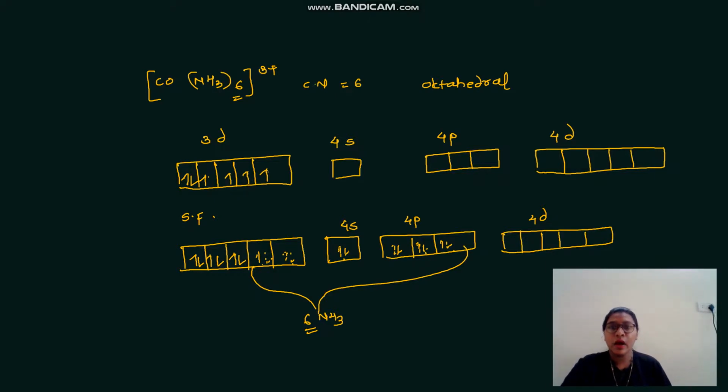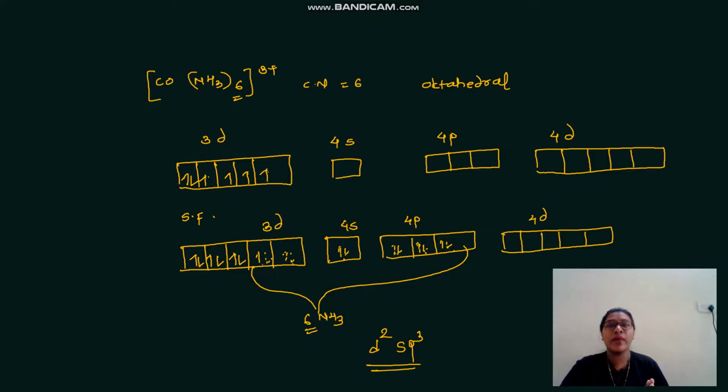How many d orbitals are involved in hybridization? Here 2 orbitals of 3d, 1 orbital of 4s, and 3 orbitals of 4p. Therefore the hybridization is d2sp3.